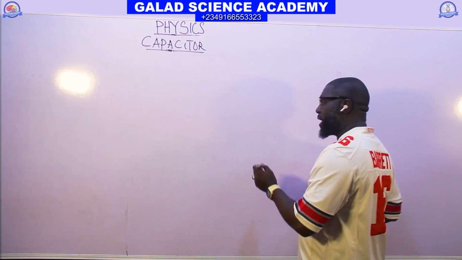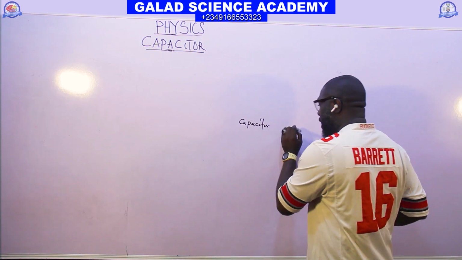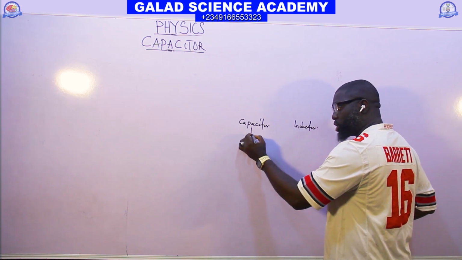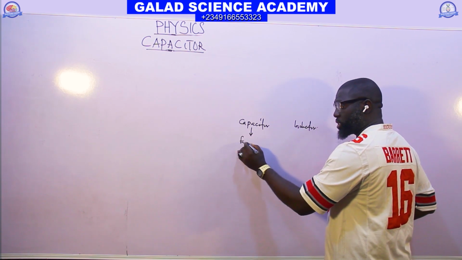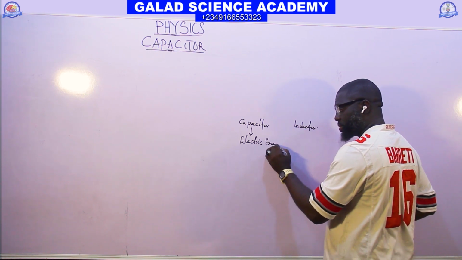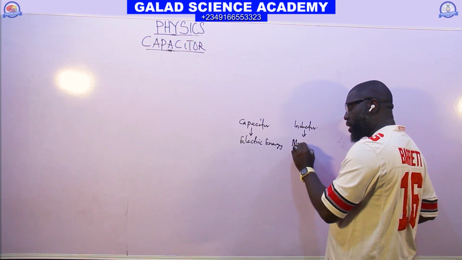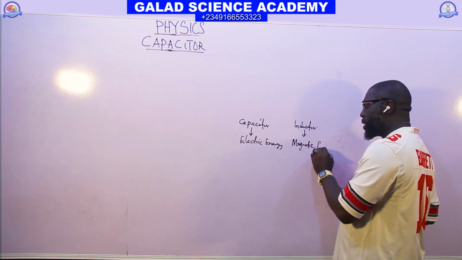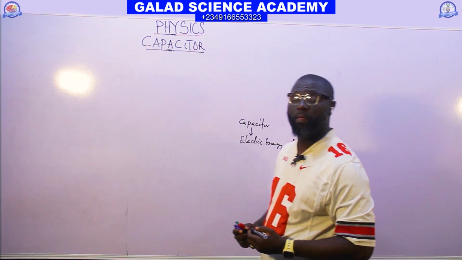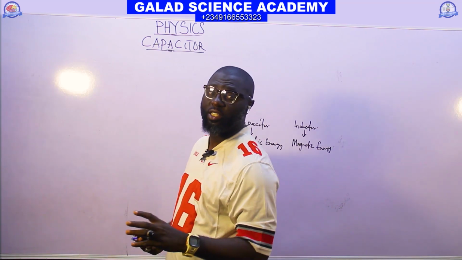If you still remember, we have the capacitor, and we also have the inductor. The capacitor stores electric energy, whereas the inductor stores magnetic energy. So the two of them are electrical devices used for the storage of charge.